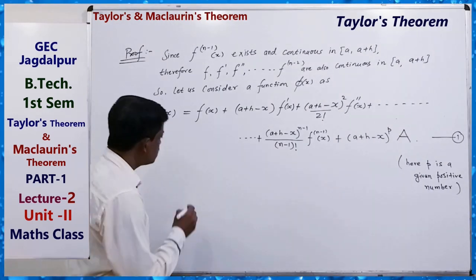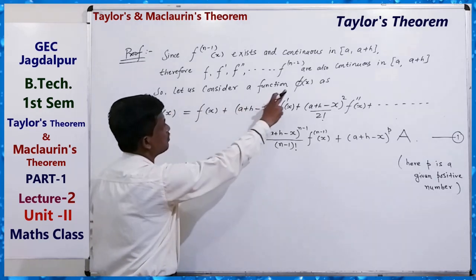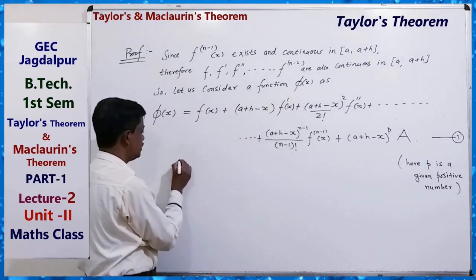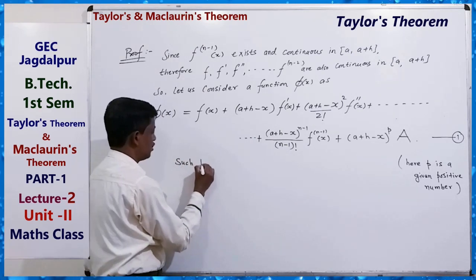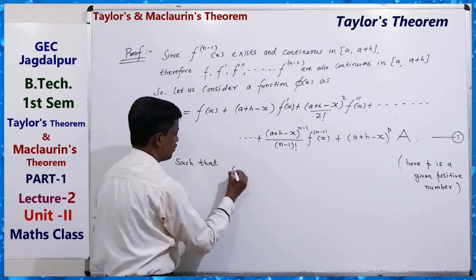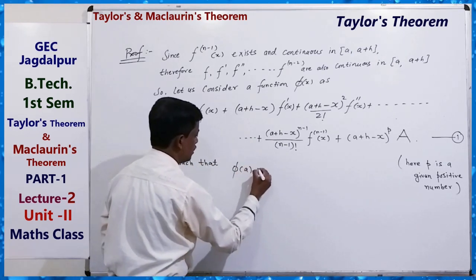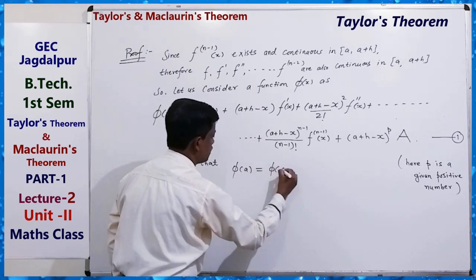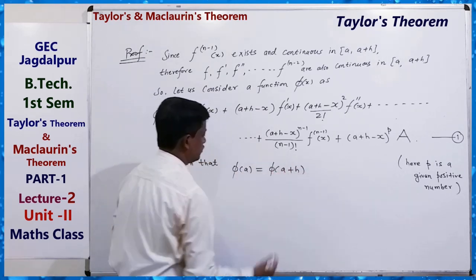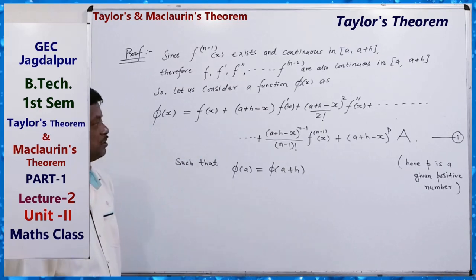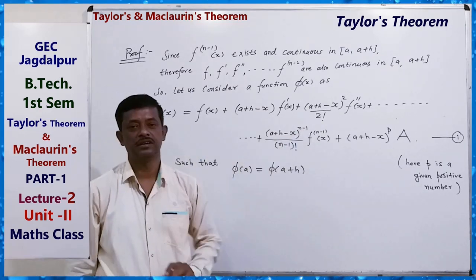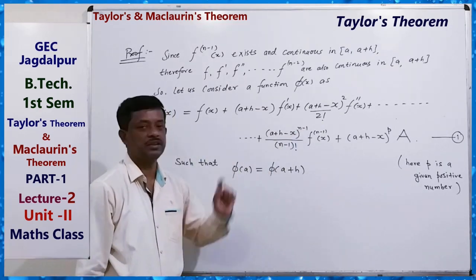Such that let us consider the function phi x such that phi a equals phi a plus h. We suppose this type of function, with phi a equals phi a plus h.